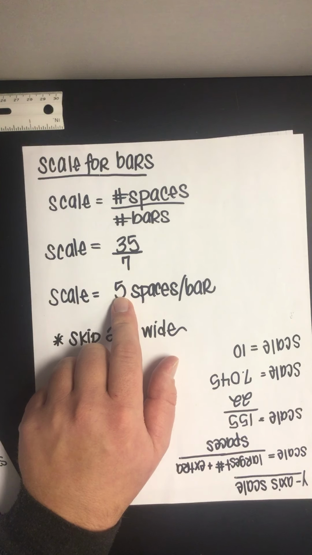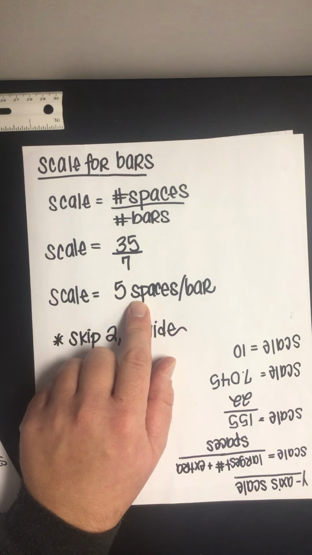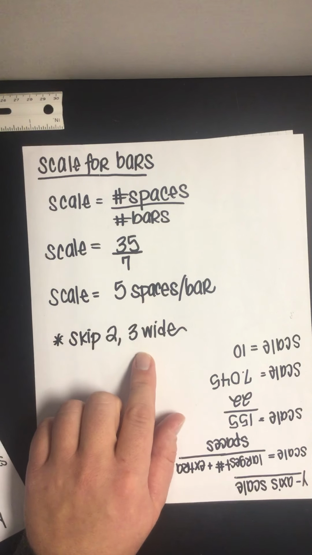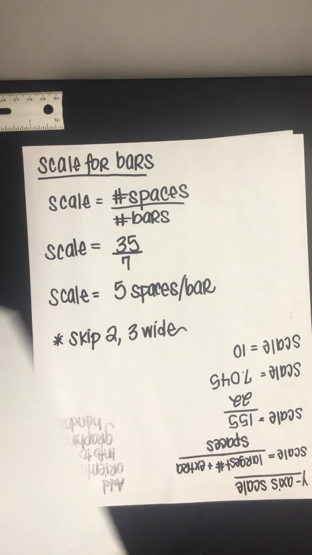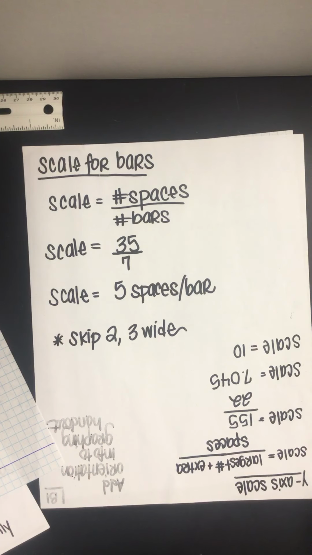So let's say we came out to be 4 spaces, okay? What should we do? It's funny thinking about this every single year. Sometimes I want to change it. So the one thing we want to make sure we do is have the number that are in the bars wider than the spaces.